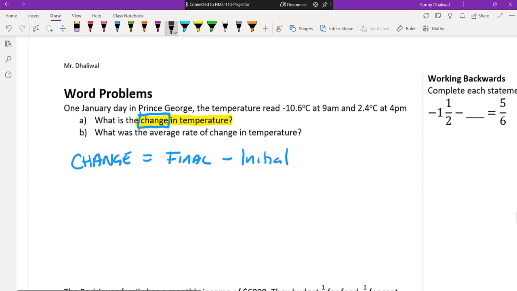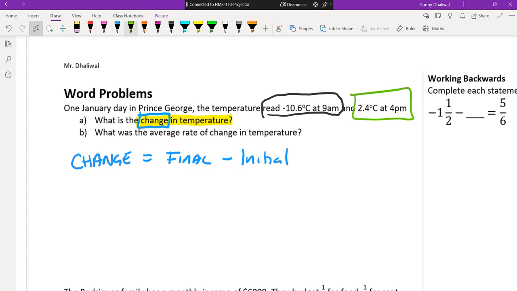So the temperature read this at 9 a.m. and it read this at 4 p.m. So what's our final? What's the temperature at the end? Max? Yeah, 2.4 Celsius. That's the one in green.